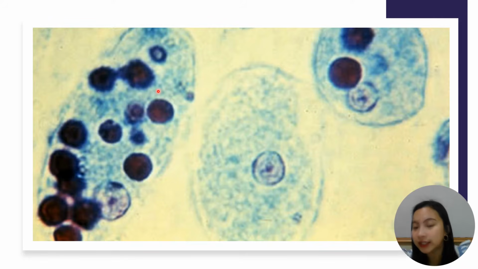This will help you identify later on in your amoeba discussion that this type of parasite is Entamoeba histolytica, due to the presence of red blood cells inside. So they engulf red blood cells. And this Entamoeba histolytica derives its nutrition from the human host and can cause amoebic dysentery. So this is another example of parasitism.